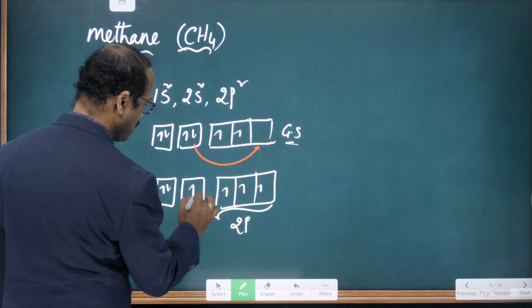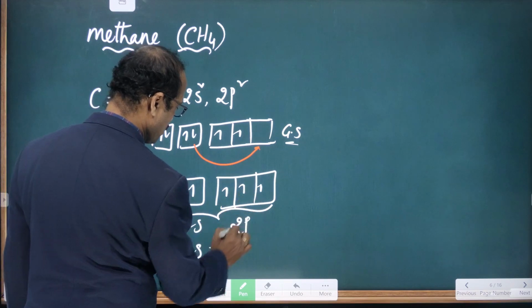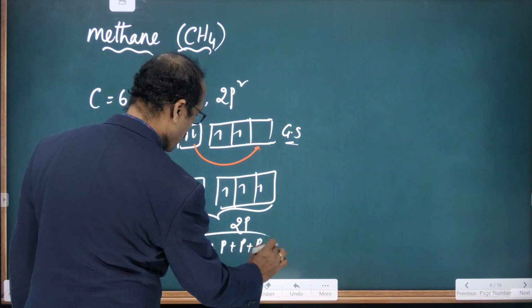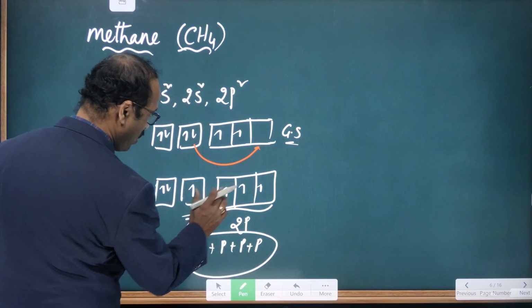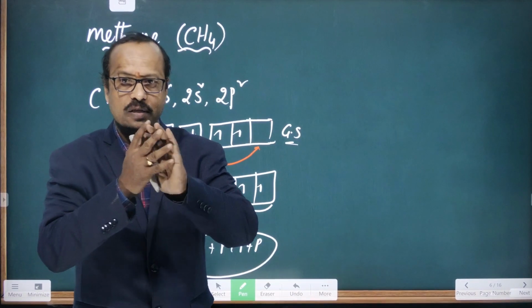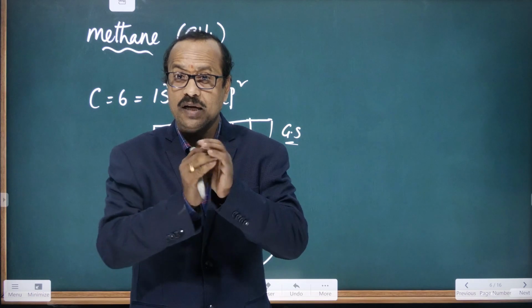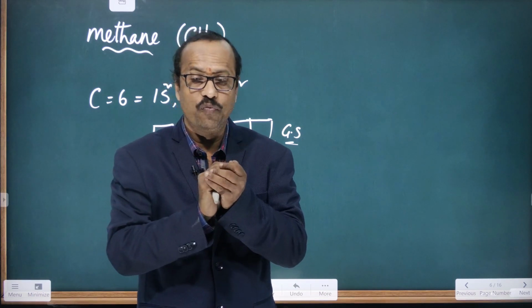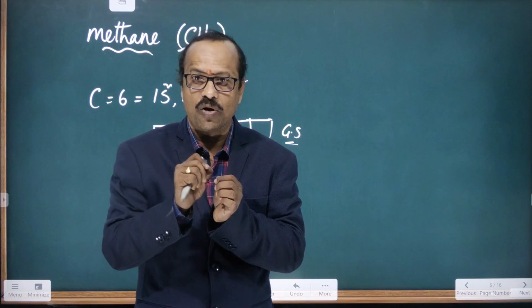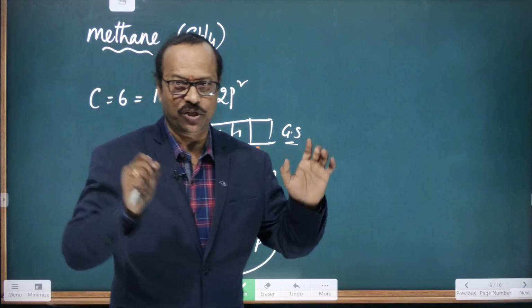How many s orbitals are there? 1 s orbital. And how many p orbitals? 1, 2, 3. So this 1 s orbital and 3 p orbitals, a total of 4 orbitals, will intermix with each other and form 4 new orbitals, which are called hybrid orbitals, and this process is called hybridization.